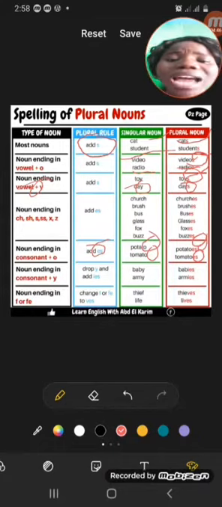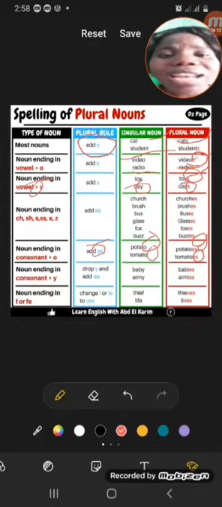But sometimes you change the Y to IES if the letter that comes before the Y is a consonant, like B, when you have baby. Before the Y at the end, we have B, and B is a consonant. So that's baby.